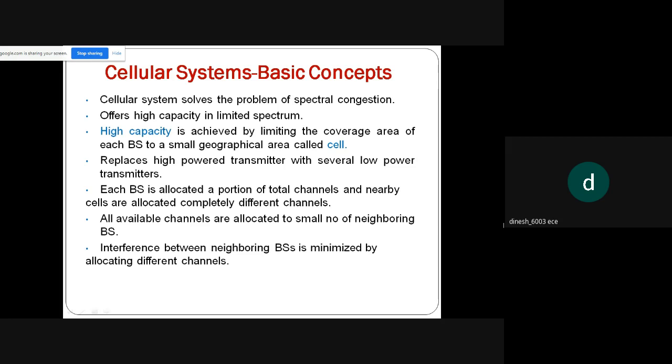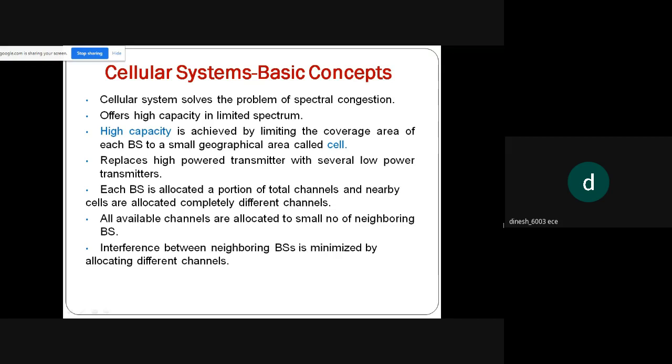High capacity is achieved by limiting the coverage area of each BS, the base station, to a small geographical area called a cell. When I send signals from a transmitter to a receiver, the signal travels through multiple areas.